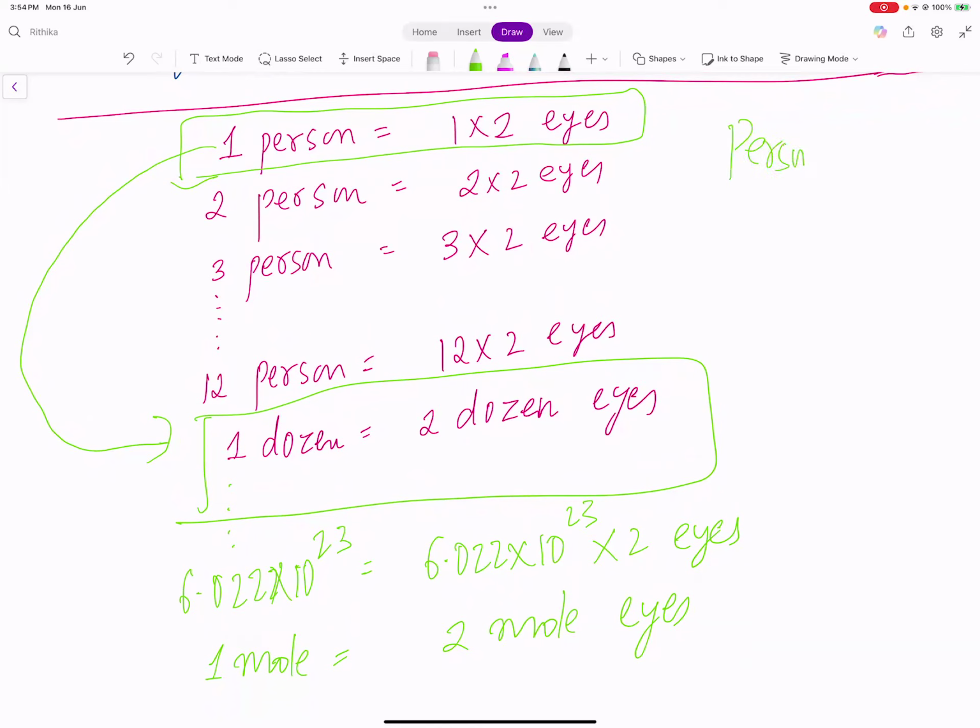So whatever I am able to say about one person and his eyes, I can also say about the relative number of dozens or moles. If one person has 2 eyes, 1 dozen people will have 2 dozen eyes. I can also say the same thing about 1 mole, or 1 century.